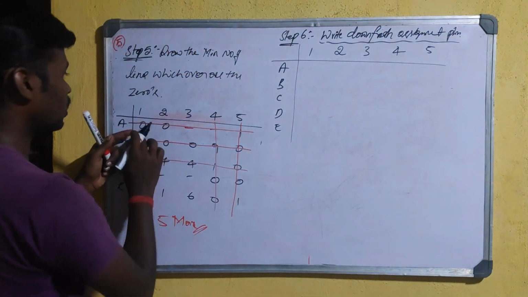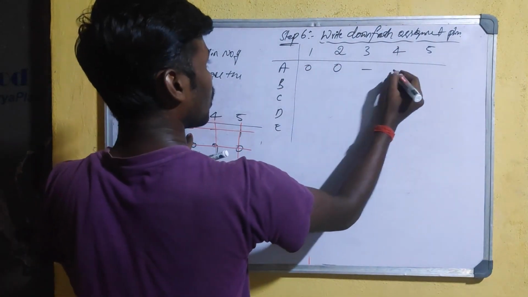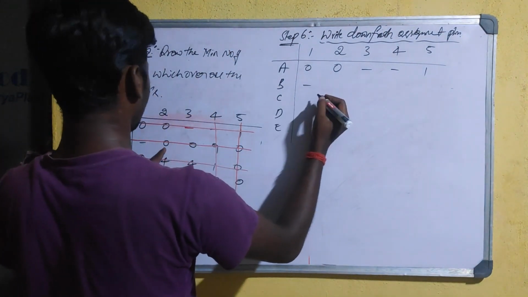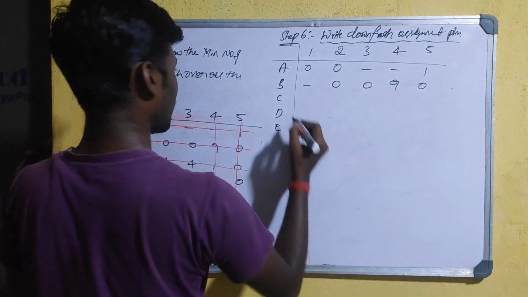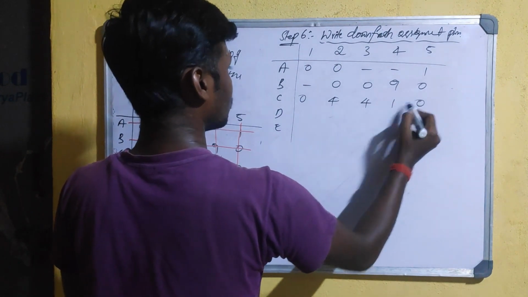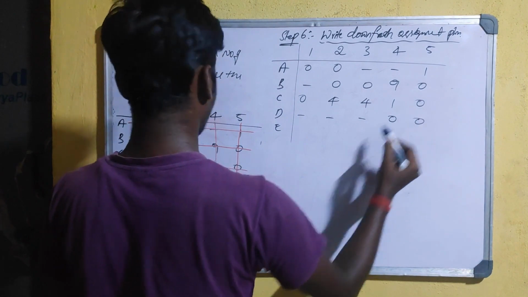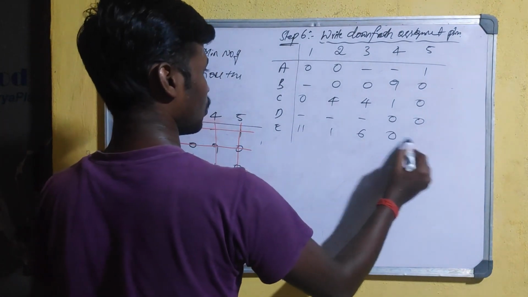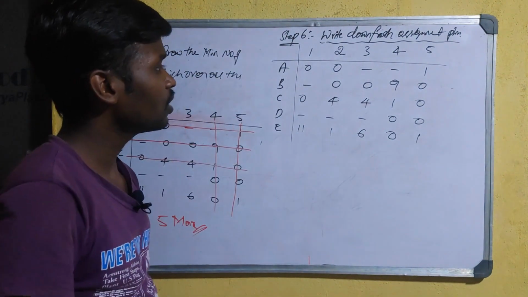Write down all the values: 0, 0, infinity, infinity, or hyphen, hyphen, 1. Next, 0, 0, 9 and 0. Next, 0, 4, 4, 1, 0. Next, hyphen, hyphen, hyphen, 0, 0. Next, 11, 1, 6, 0, 1. So we have written the fresh assignment problem.